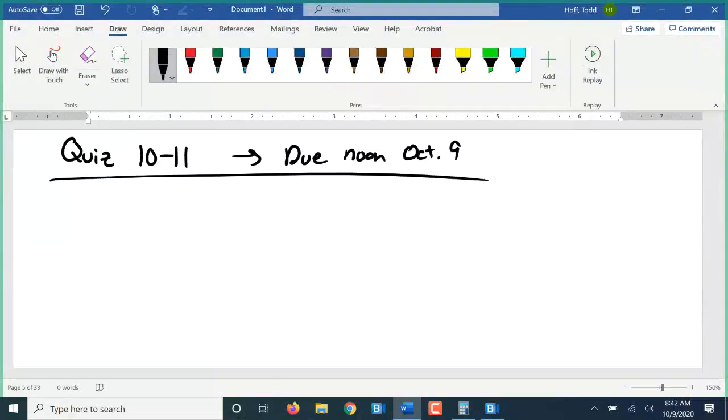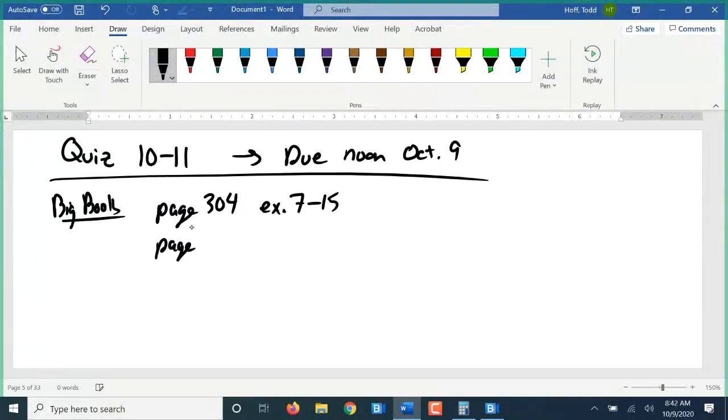So for homework out of the big book, you have page 304, exercise 7-15. Page 305. Oops, sorry, I got the wrong number there.